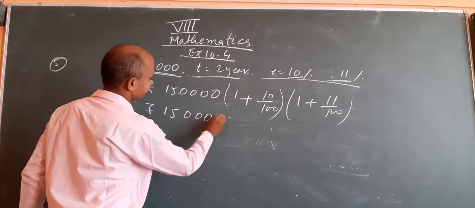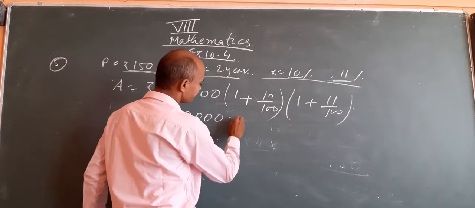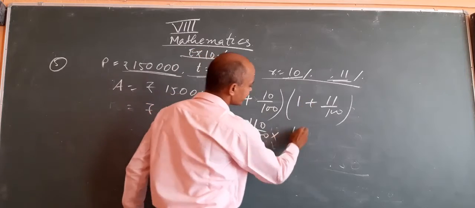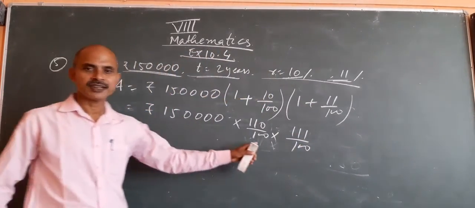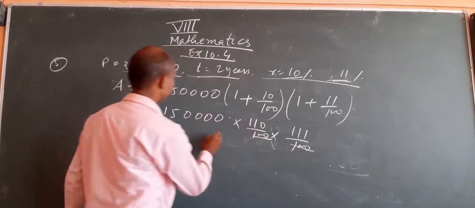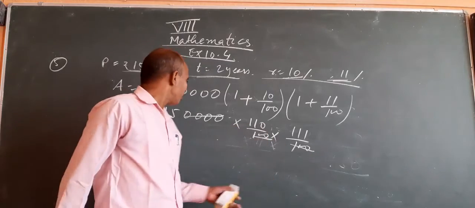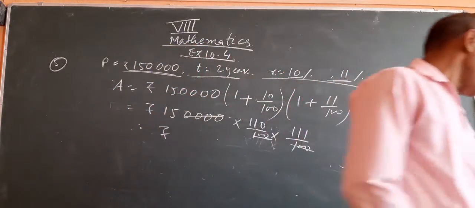1,50,000. This will come 110 by 100, and here 111 by 100. These 4 zeros and 4 zeros will be cancelled. We have to multiply 15 into 110 into 111.